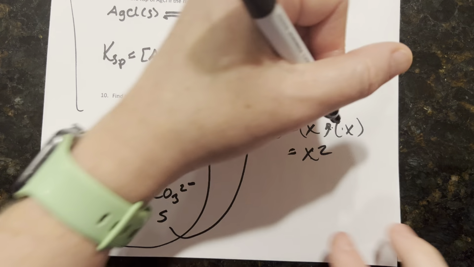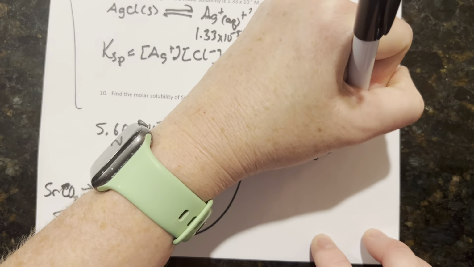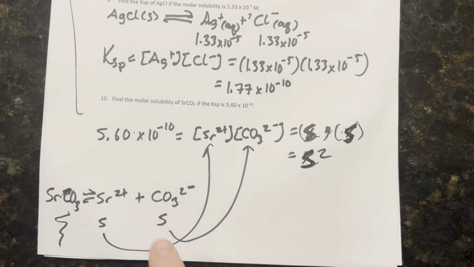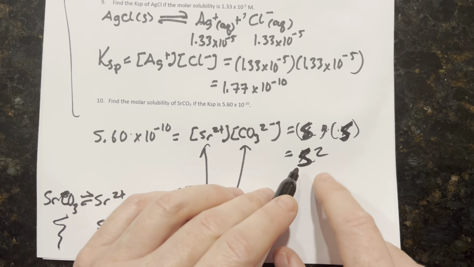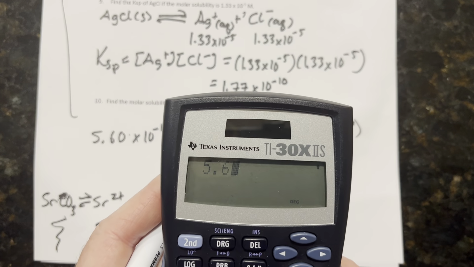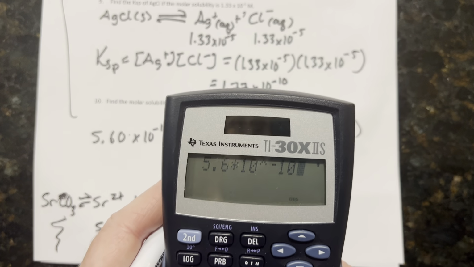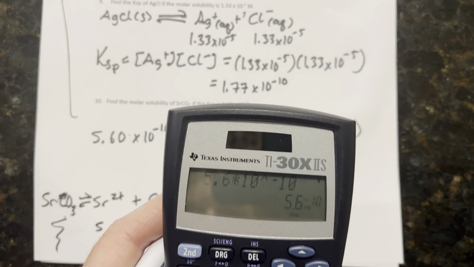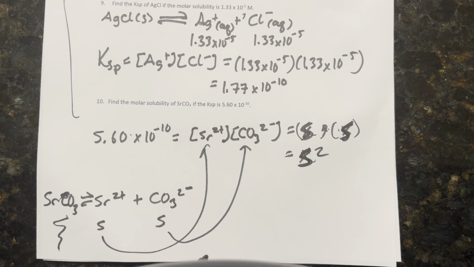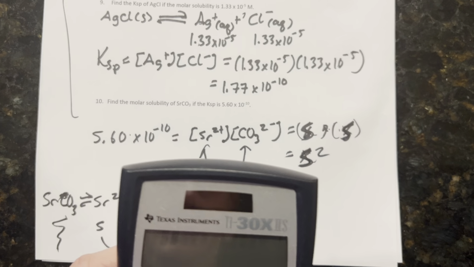We're solving, or sorry, I should write S. That's just a habit. We have 5.6 times 10 to the negative 10, and we're trying to get this S squared. So we want to square it. Just kidding. We want to take the square root of it.